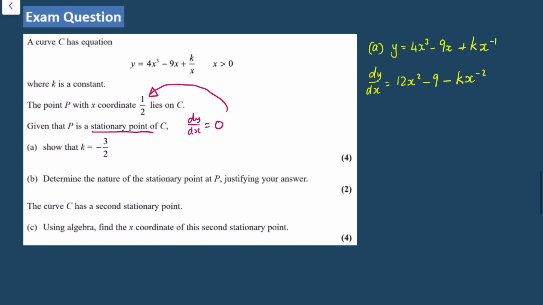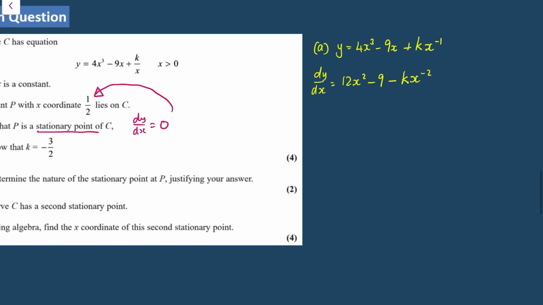So this is my stationary point when I make it equal to 0. So 12x squared minus 9 minus k over x squared, equal to 0 is where my stationary point is.